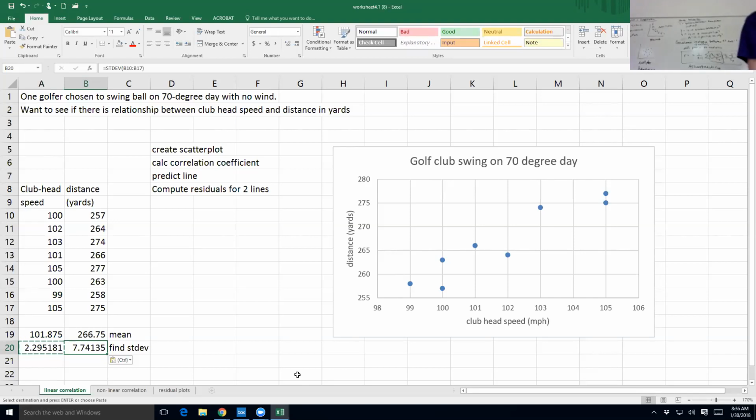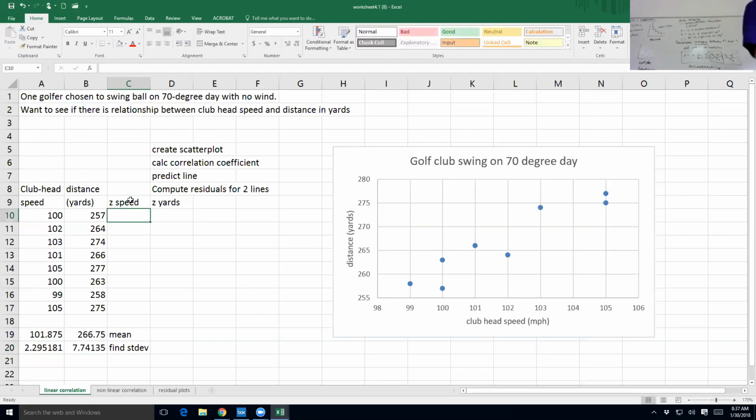Now, what is the third step? Tanner, what do I do third? Find your standard scores. So I want the z-score for the speed and the z-score for the yards.